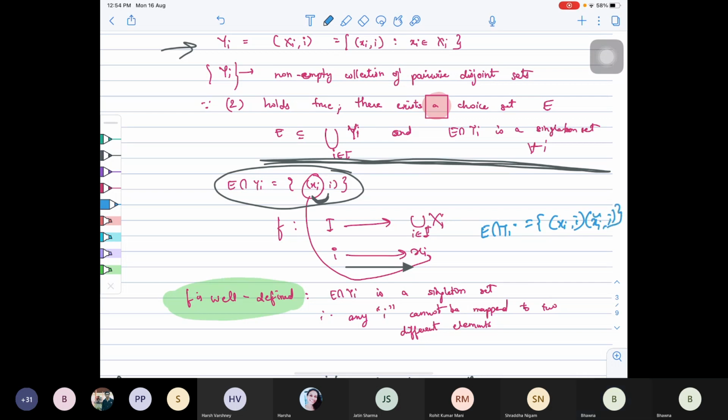If I'm defining i to xi, then I would have two choices for i. That would be trouble. Do you understand, Sapna? We can say the xi's are distinct because E intersection Yi is a singleton set. It cannot have many points. It's just one element.